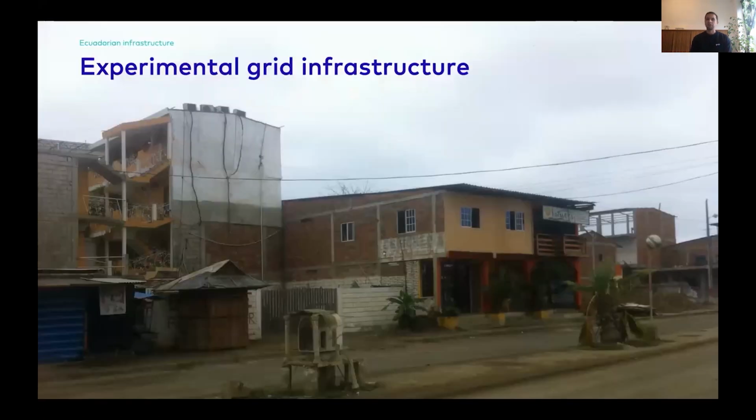But we also experienced that the grid infrastructure, especially in South America, is extremely experimental. At one of the blackouts where we really didn't have any power at all, we saw that some people were climbing up that house that you see on the left side, and they were somehow connecting cables on the roof.